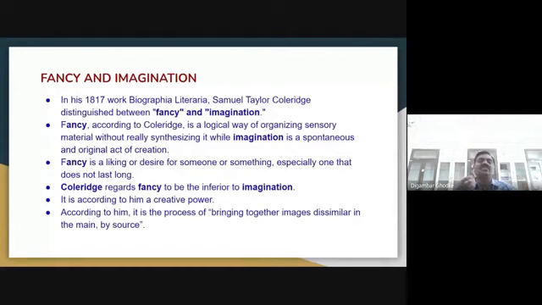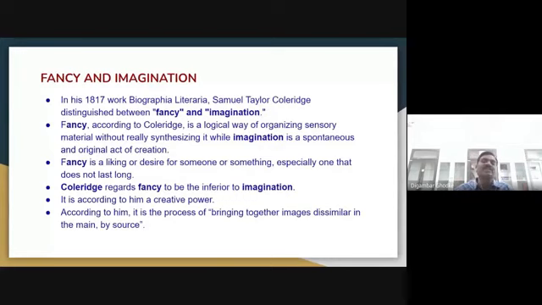So Coleridge regards fancy to be inferior to imagination. When we talk about fancy and imagination, fancy is not on the level of imagination. Fancy is inferior, of low quality in terms of degree, we can say. It is lower than imagination.